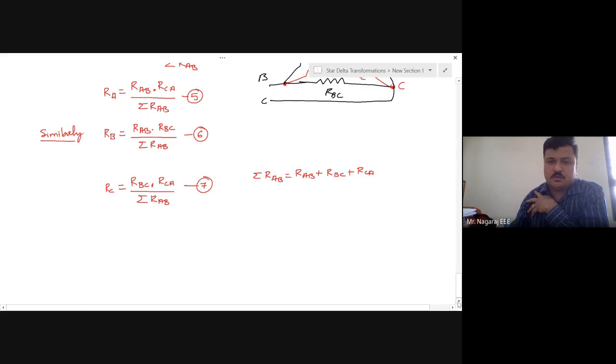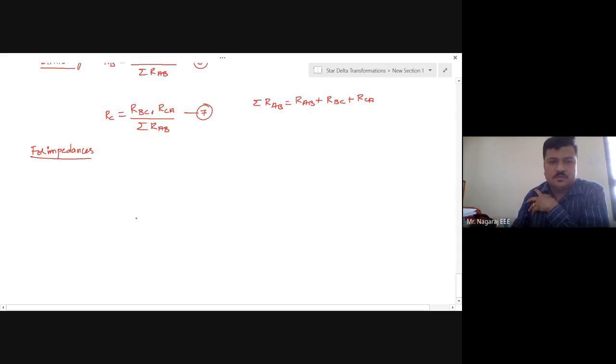For impedances, impedance can be anything. It can be an inductive impedance, it can be a capacitive impedance, it can be a resistive impedance.